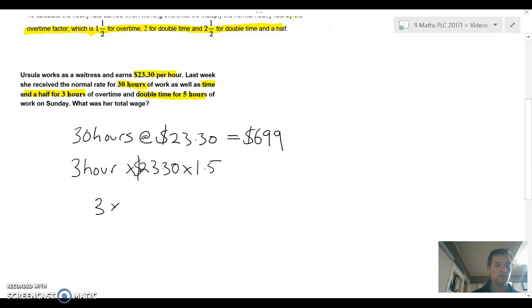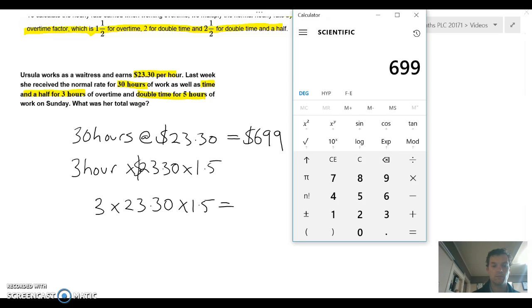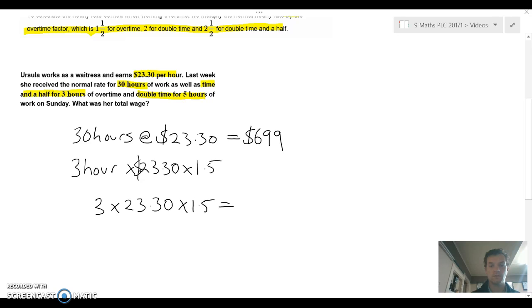We're going to go 3 times 23.3 times 1.5, and pop that into the calculator. And she's earned $104.85. Okay, so we've now worked out the time and a half rate that she's received for those 3 hours.